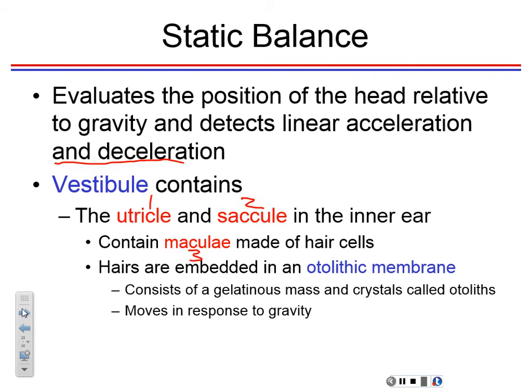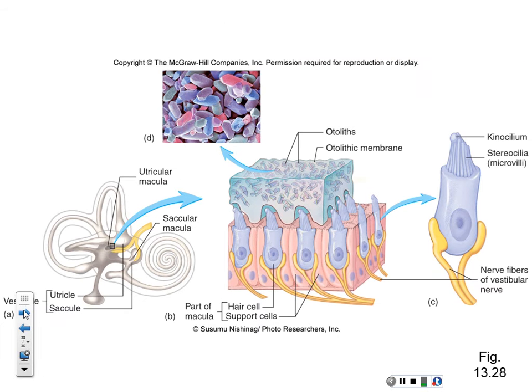All right. The otolithic membrane will give the weight, and I'll show you a picture of it. You see, the hair cells are embedded in this, and you see the same situation, except the longest stereocilium of the maculae hair cell is called the kinocilium. These are stereocilia, and the longest one has a fancy name because it's the maculae.